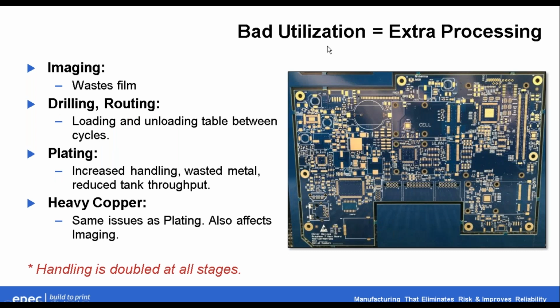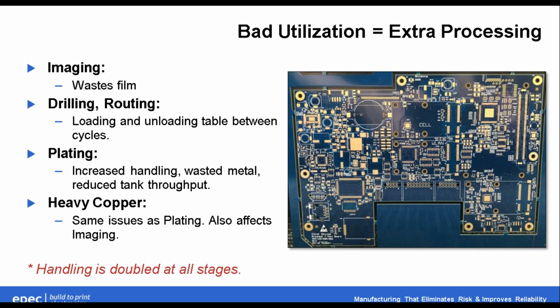This breaks down the bad utilization, some places where it hurts you. At imaging, it wastes film because the film tends to come on rolls in fixed sizes. So why put film all over the part of the panel you're not using? In drilling and routing, you're not really increasing the amount of drilling and routing you're doing.